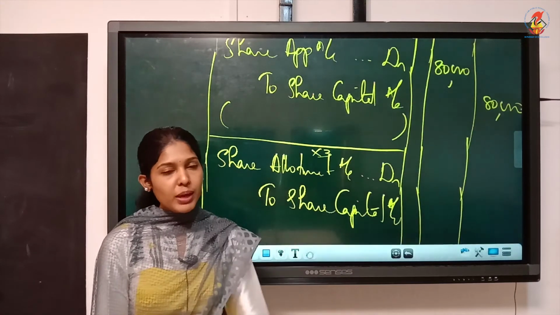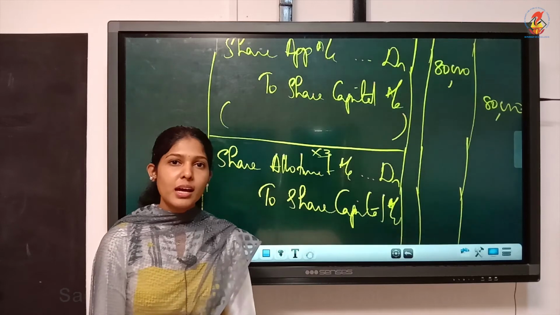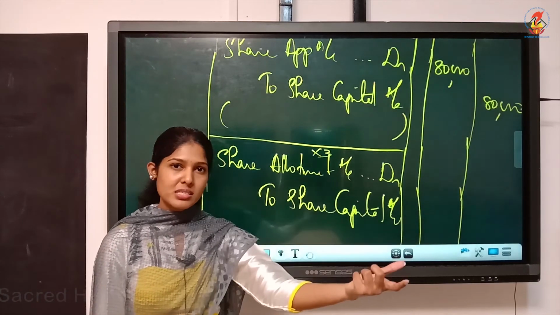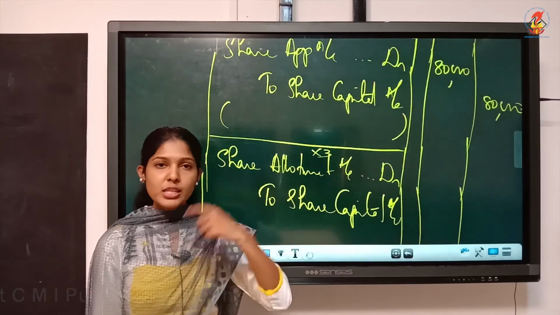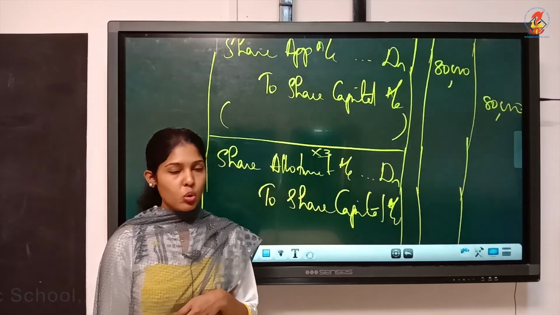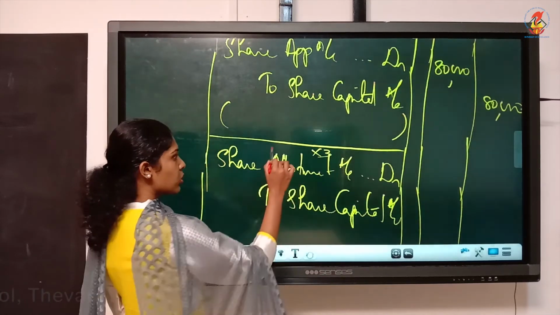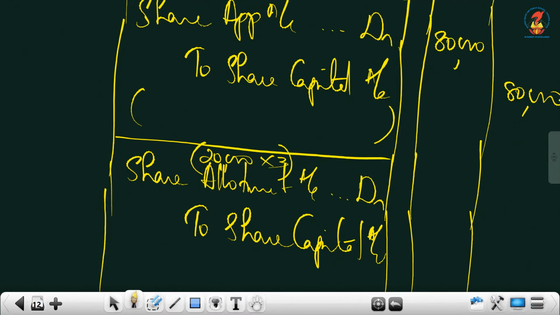Can you ask them to pay on 25? No. Suppose you are selling only 10 pence. Can you ask the customer to pay for 20 pence? No. So on issued number only you can get the allotment money, isn't it? So allotted number is only 20,000. You can get allotment money only on 20,000.